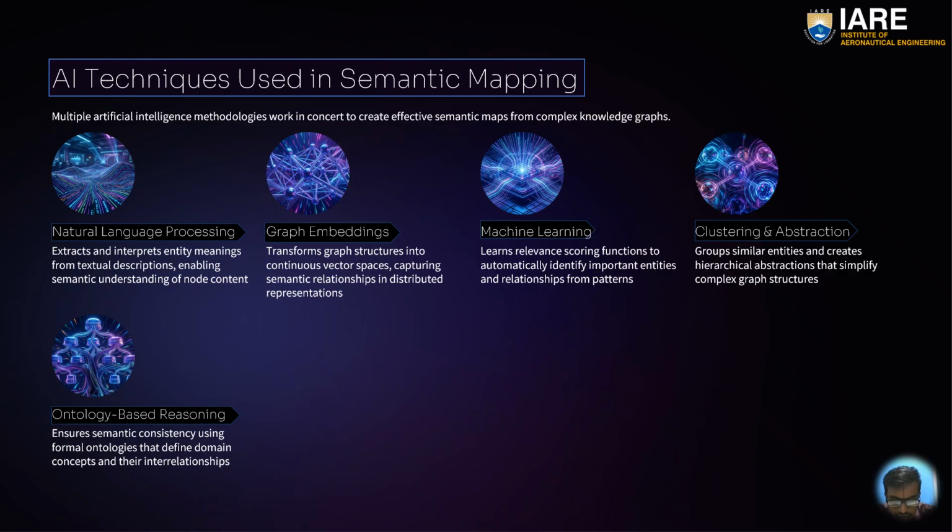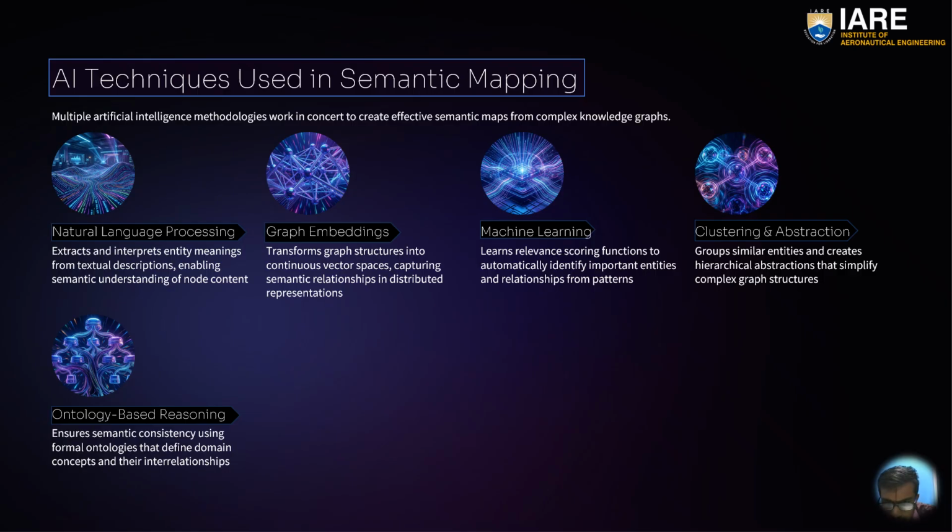Graph embeddings. It transforms graph structures into continuous vector spaces, capturing semantic relationships in distributed representations. Machine learning, the most important one. It learns relevance scoring functions to automatically identify important entities and relationships from patterns. Clustering and abstraction.